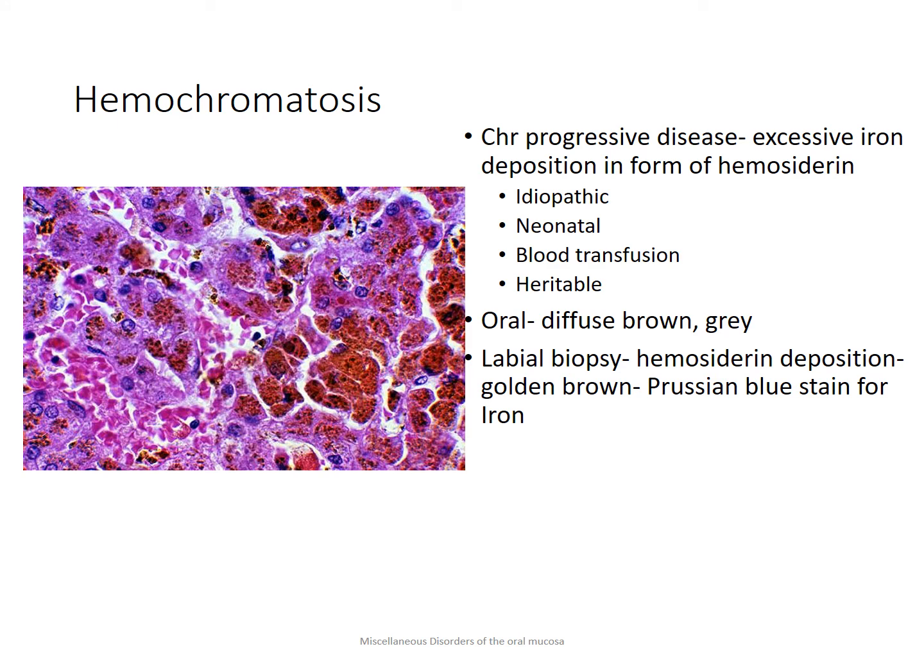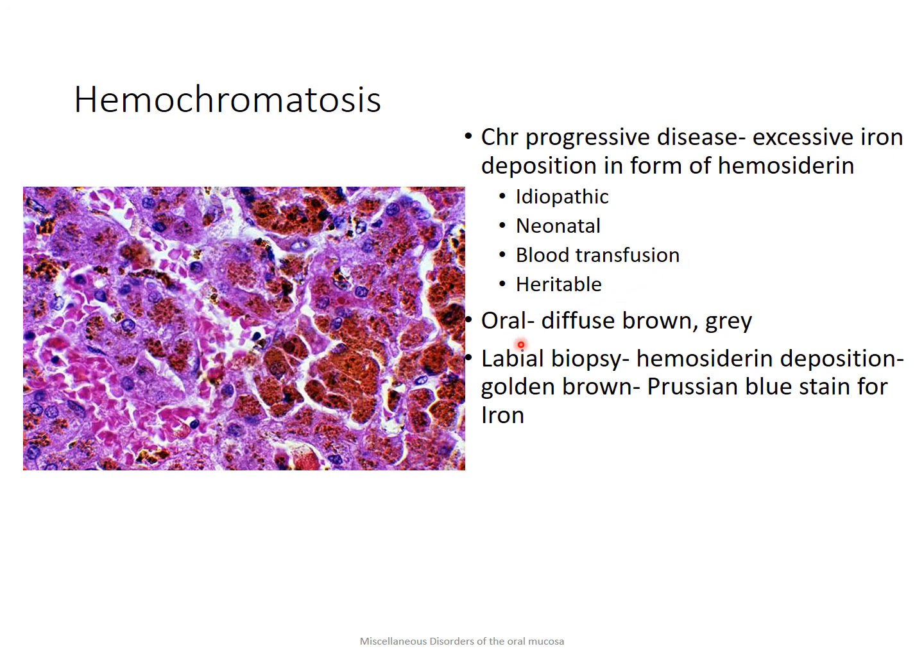Hemochromatosis, on the other hand, is a chronic progressive disease in which excessive iron deposition happens in the form of hemosiderin. This could be idiopathic or neonatal, or can happen due to blood transfusion, and can also be seen as a heritable disorder.